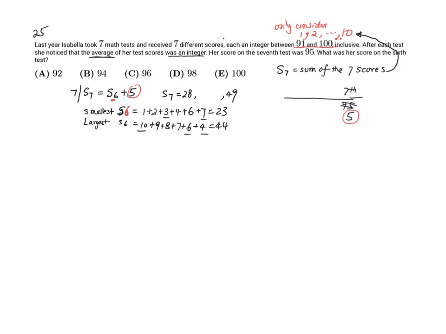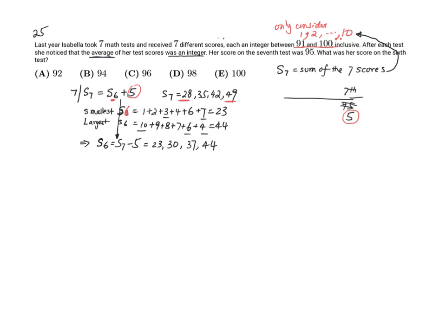Those are the smallest possible S7 and largest possible S7. Because we do know that 7 divides S7, S7 has to be a multiple of 7. And what are the multiples of 7 in between these two numbers? They are 35 and 42. Now, what are the possible values of S6, which is S7 minus 5? So 23, 30, and then 37, and then 44.